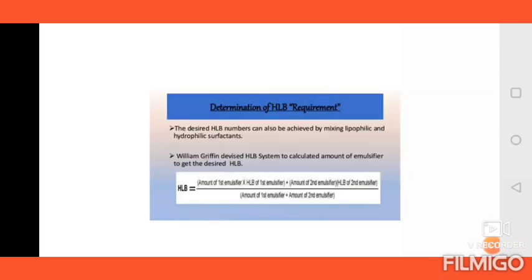HLB equals the amount of first emulsifier multiplied by the HLB of the first emulsifier, plus the amount of second emulsifier multiplied by the HLB of the second emulsifier, divided by the amount of first emulsifier plus the amount of second emulsifier.